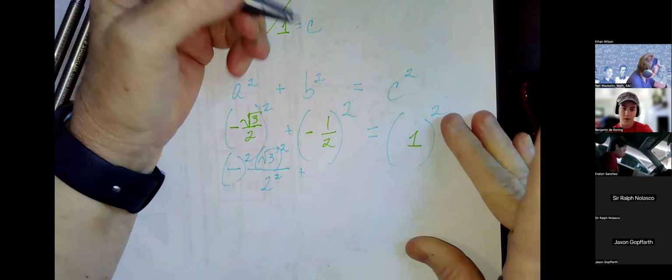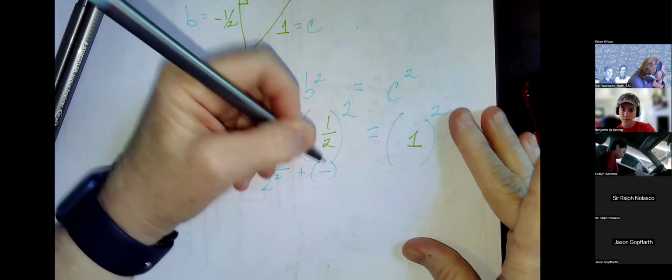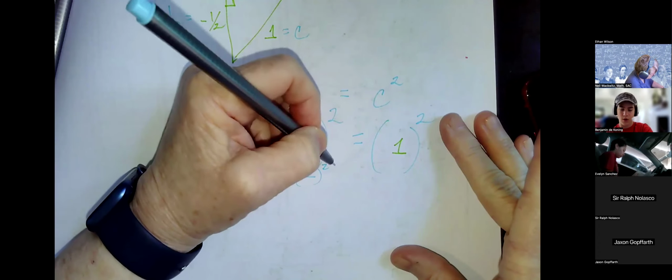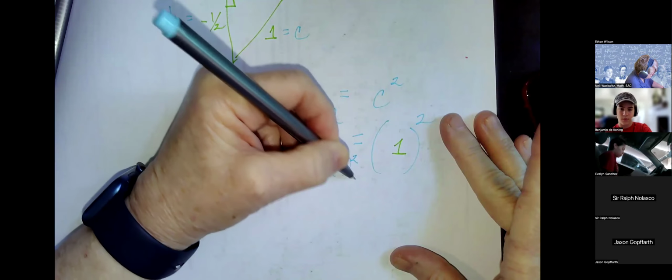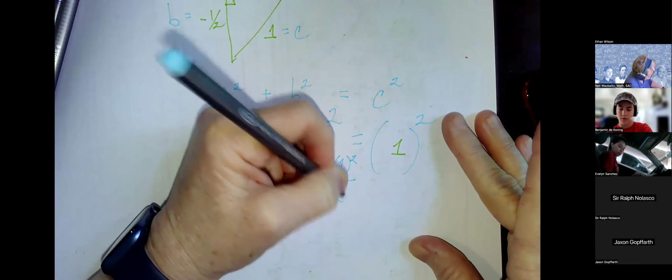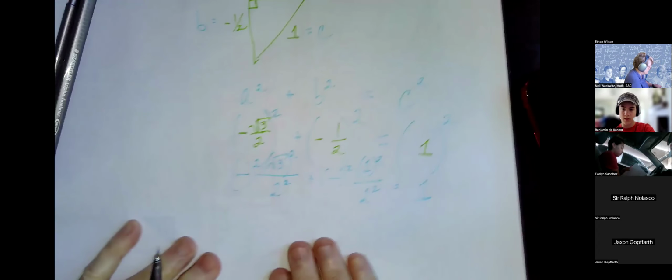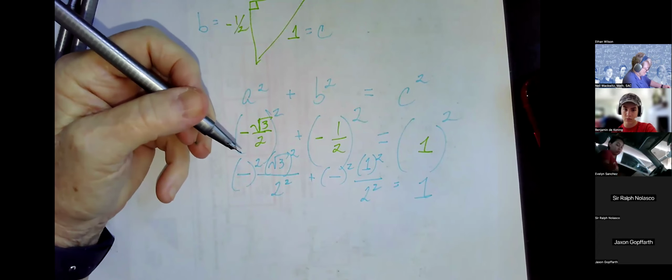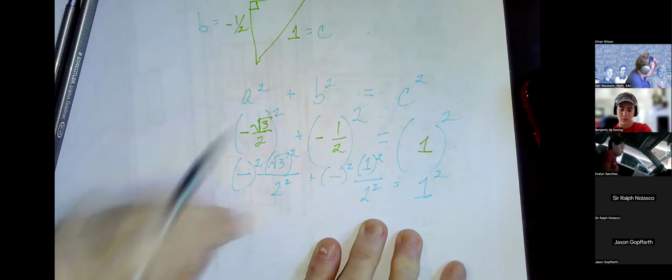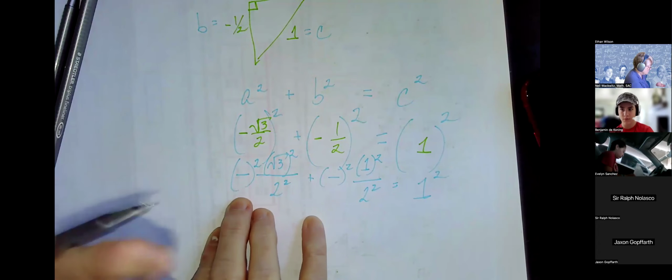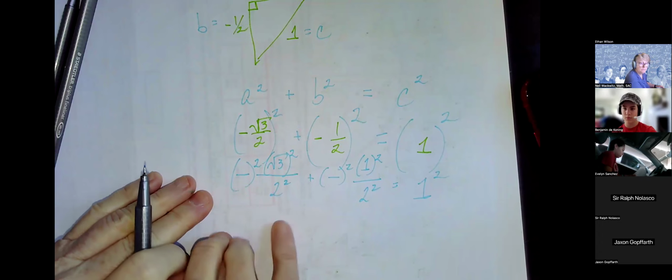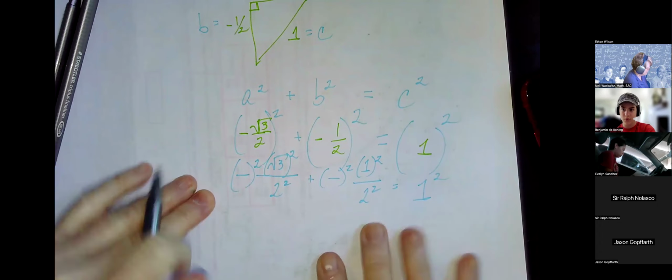So we'll have the negative squared, and then 1 squared, and then 2 squared. Awesome, excellent. And negative squared is positive.